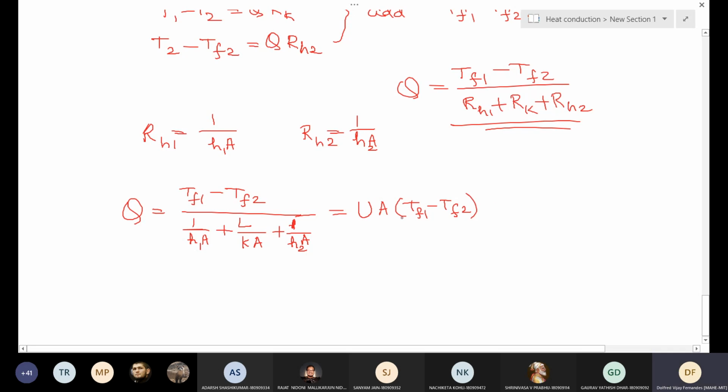So if I want to write that, then what should be my U value? I'll write this U as 1 by H1, L by K, then 1 by H2. Area is common everywhere, that can be taken out, and then we have TF1 minus TF2.